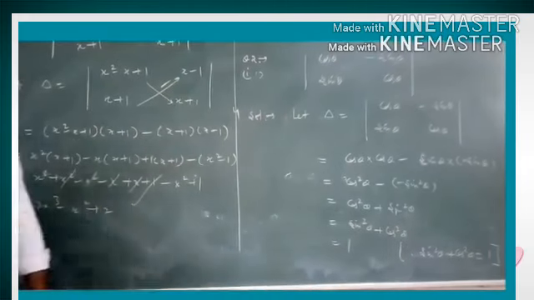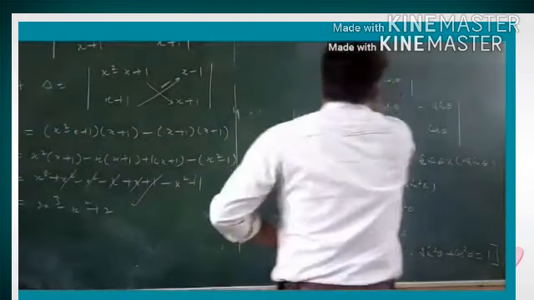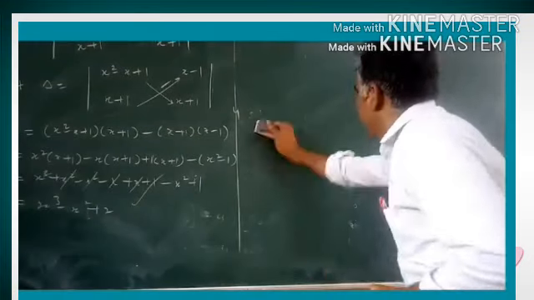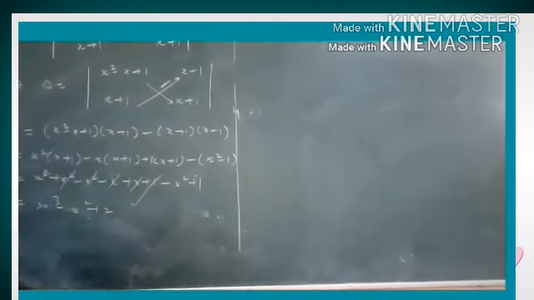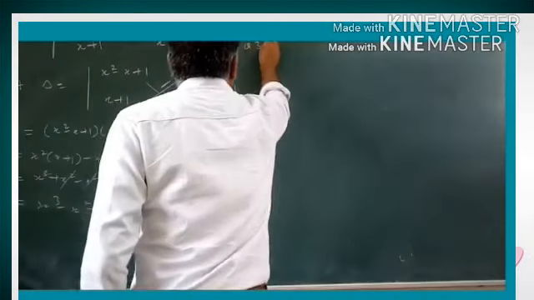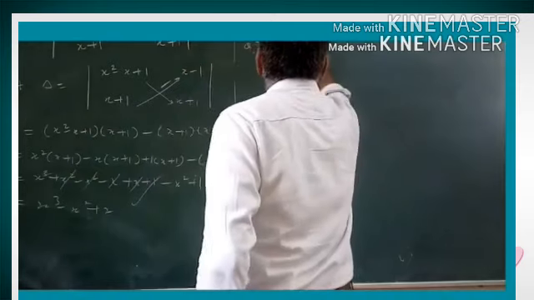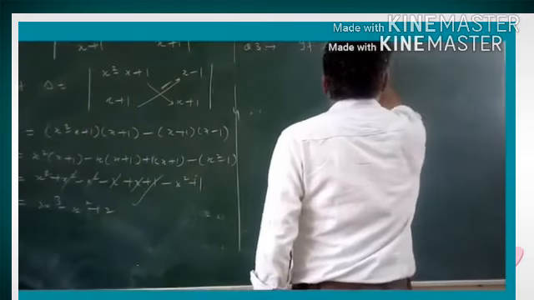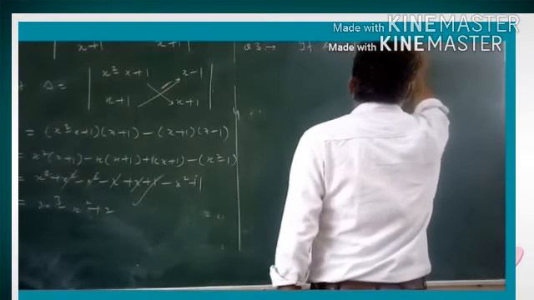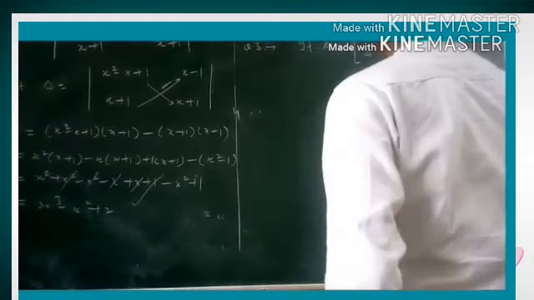Next, question number 3. If A is equal to |1 2; 4 2|, this is a square matrix of order 2.